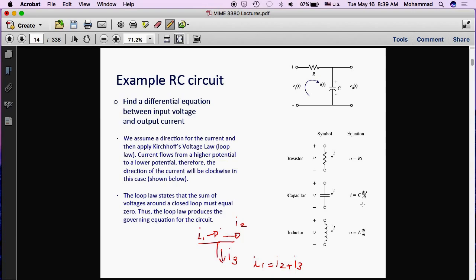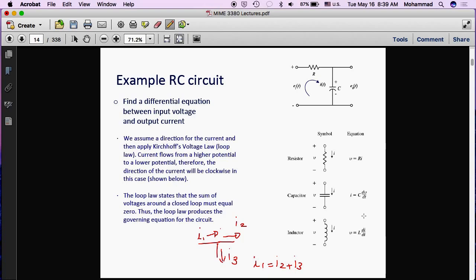I need to know the voltage in terms of the current, not the current in terms of voltage. So how can I get to that? By knowing this is the basic equation. Absolutely. If you integrate this equation, you get voltage in terms of current.